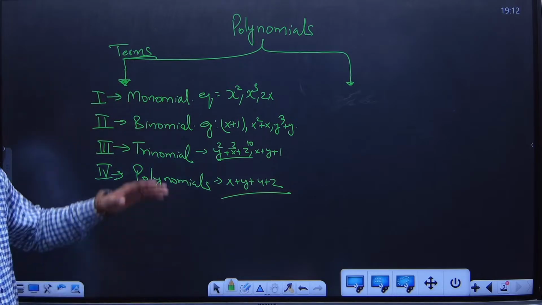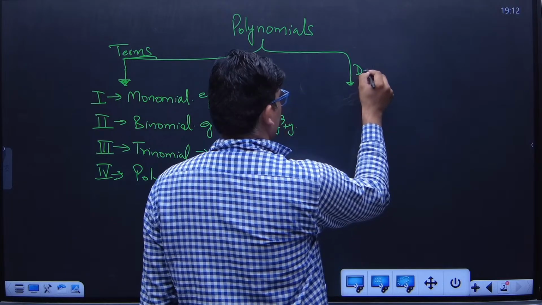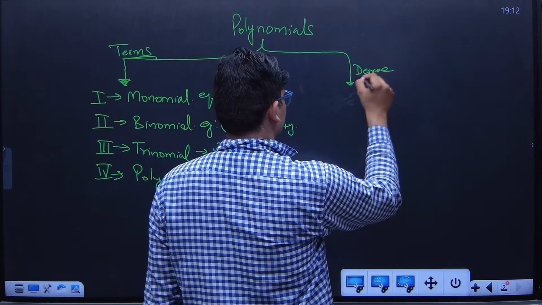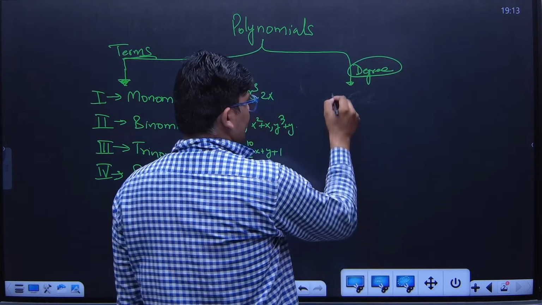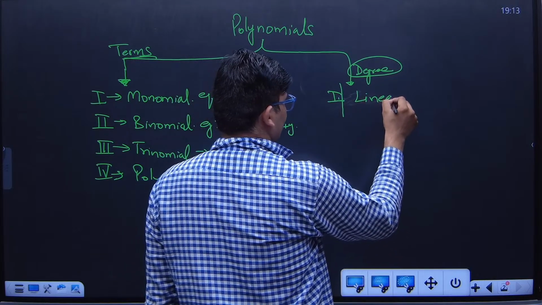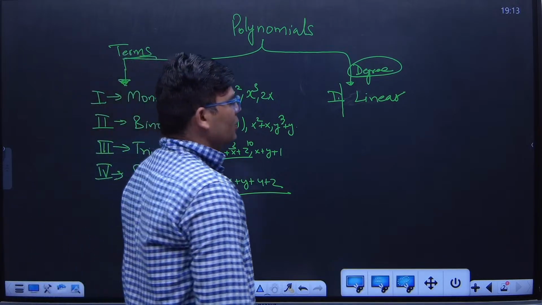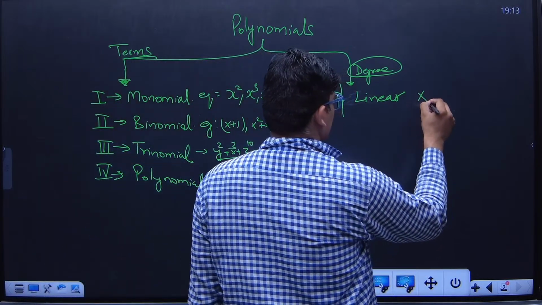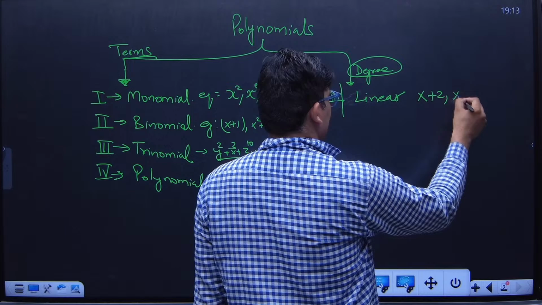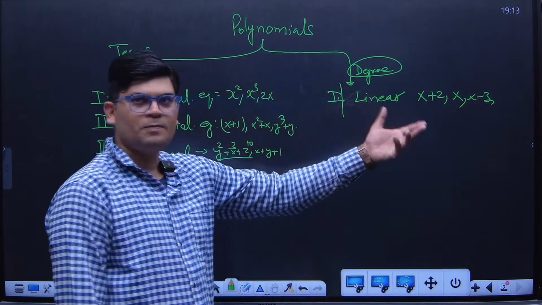Okay. Now on the basis of exponential power, or we can say degree. On the basis of degree, if the degree is 1, we term it as a linear polynomial. For example, I can write x plus 2, or simply x, or x minus 3, or 2x plus 3.